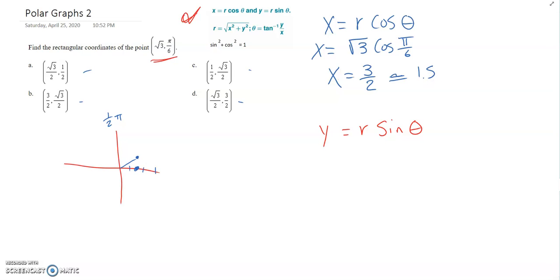And for our y value, square root of 3 times sine of pi over 6.